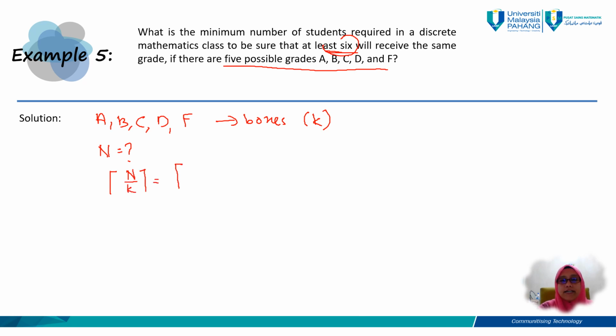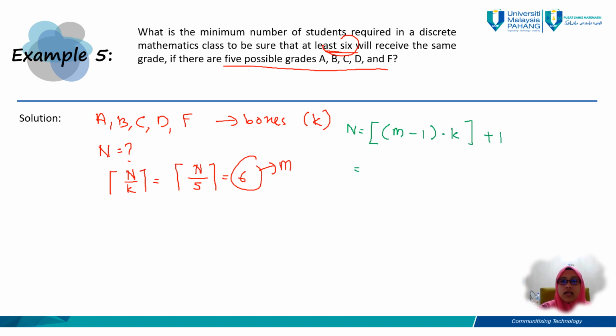So we have N is equal to the thing that we want to find. K is equal to the boxes, which is 5. So we have our M is equal to 6. This is our M. Now we are going to find the value of N, our object, by using this formula: N is equal to M minus 1 multiplied by K, plus 1.